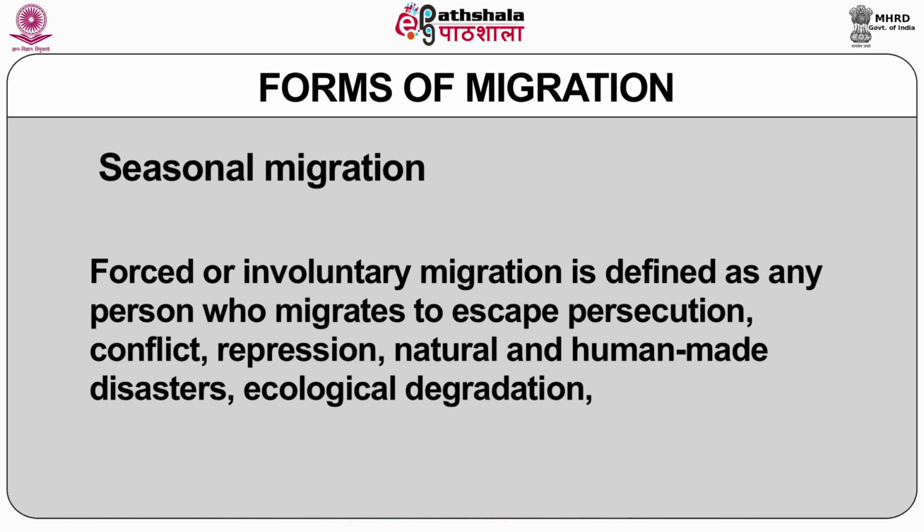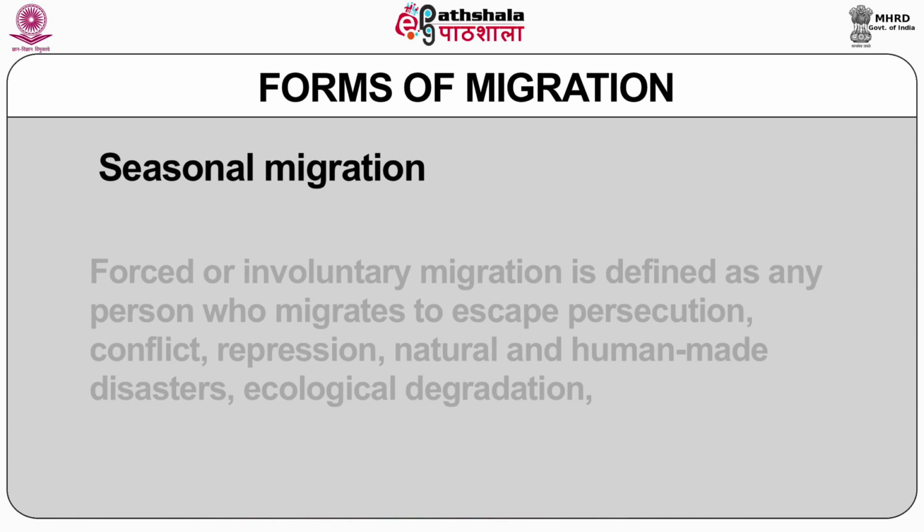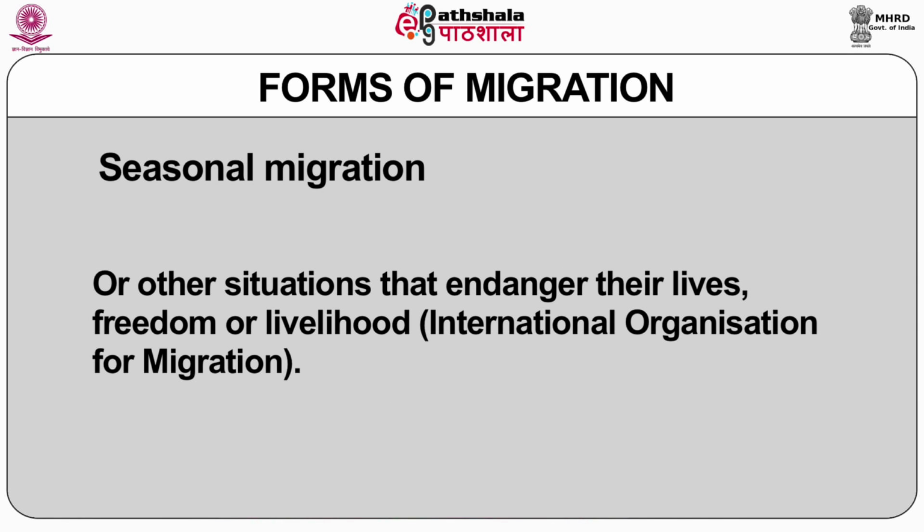Forced or involuntary migration is defined as any person who migrates to escape persecution, conflict, repression, natural and human-made disasters, ecological degradation, or other situations that endanger their lives, freedom, or livelihood.